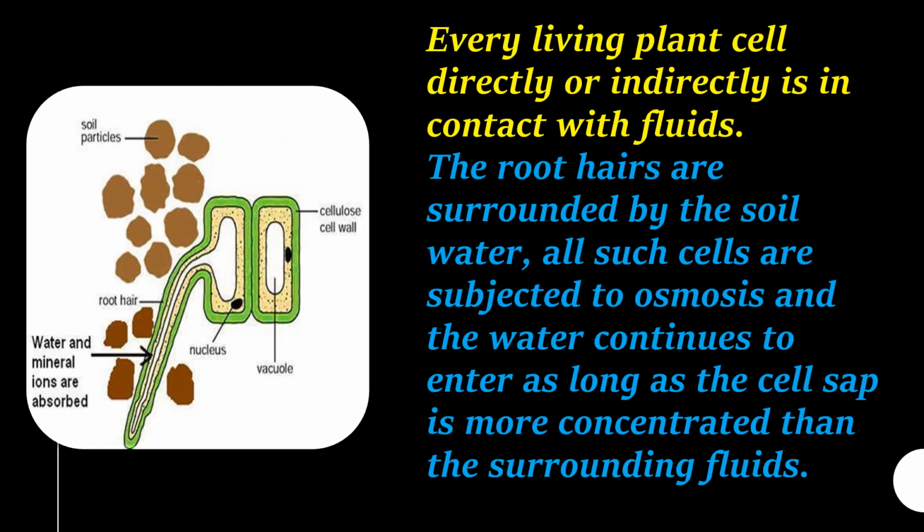Every living plant cell, directly or indirectly, is in contact with fluids. The root hairs are surrounded by soil water. All such cells are subjected to osmosis. These root hairs are unicellular. You know that in a single root, an enormous number of root hairs are there.